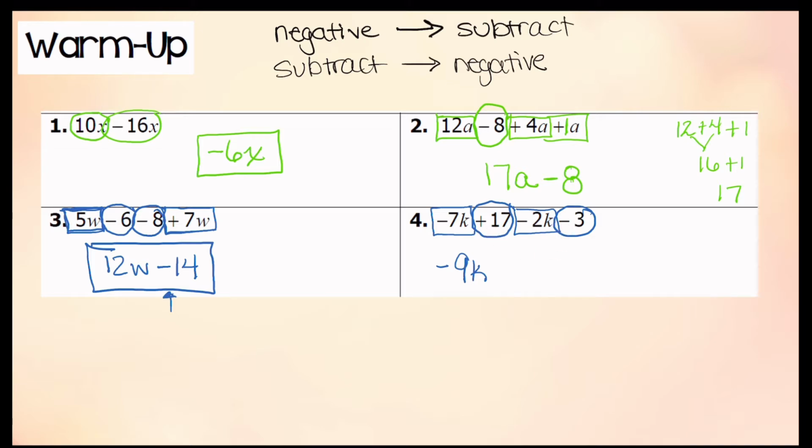I end up subtracting. The result of this is 14, but it's a positive 14. So positive 14. That's my answer. As you're combining, if your answers are negative, write negative, whatever the outcome is. If it's a positive, write a plus. Don't write double signs. That was happening on Tuesday when we combined like terms, okay?